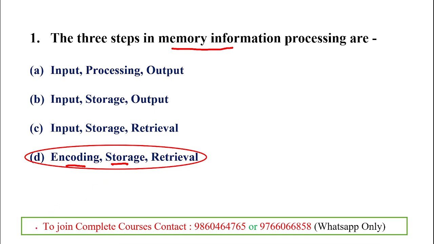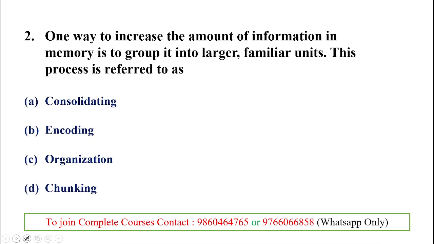Clear? Then the next one: one way to increase the amount of information in memory is to group it into larger familiar units. This process is referred to as... This concept is related to the organizing of information in memory.